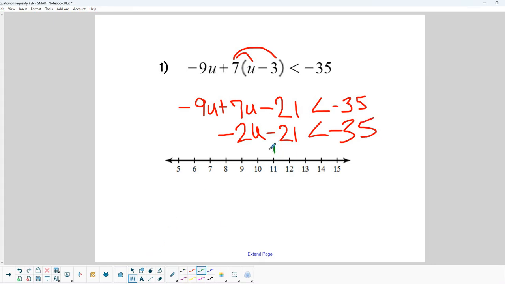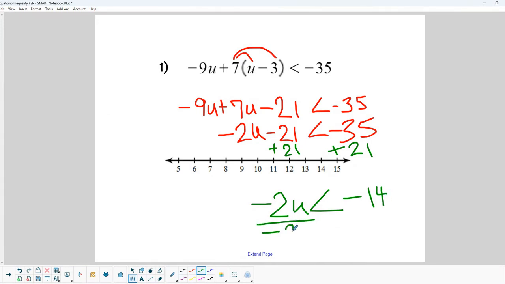So we're going to add 21 to both sides. And I'm going to have to write down here below the number line and finish this up. Negative 2u is less than negative 35 plus 21, which is negative 14. Then I'm going to divide by negative 2.